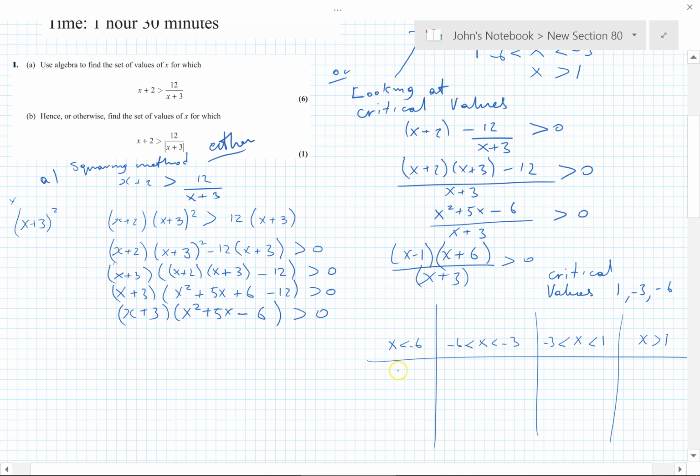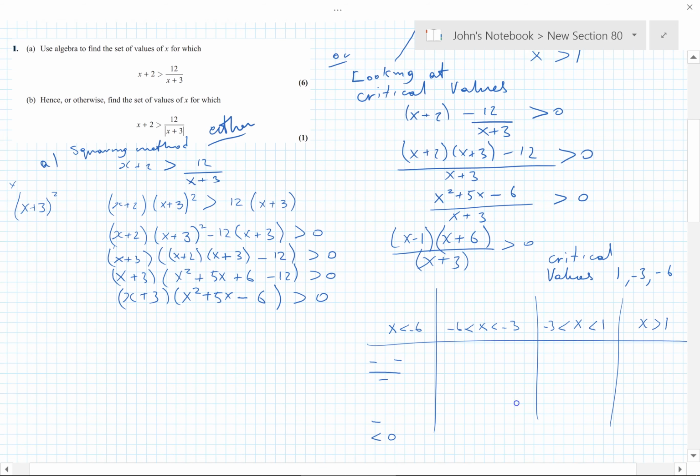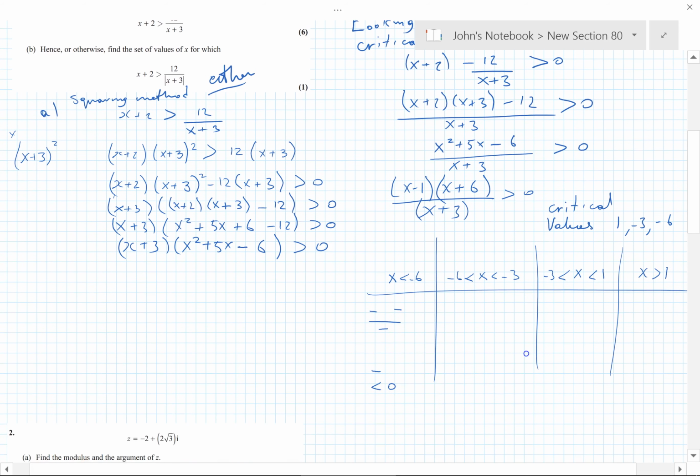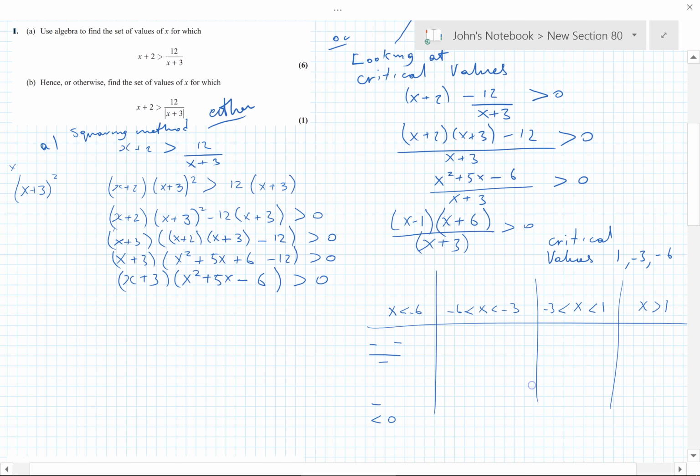Now, if x is less than minus 6, all of these three brackets are negative. Negative, negative over negative. So the whole thing is negative, so it's less than 0. So that isn't the part of the region that we want.